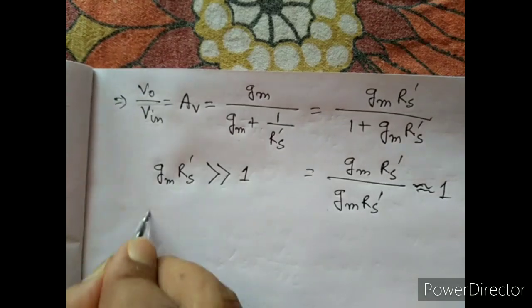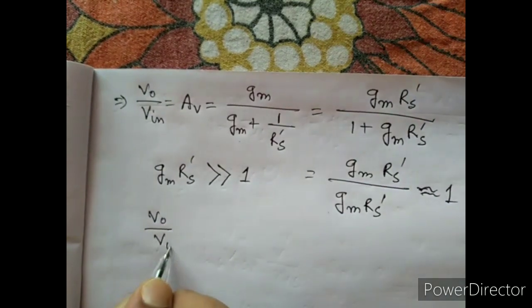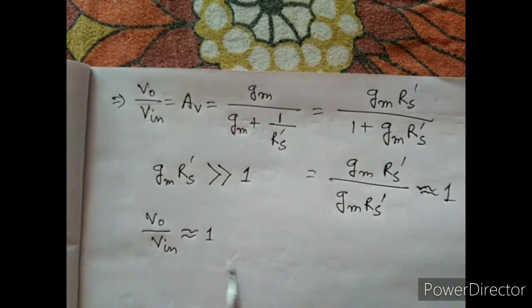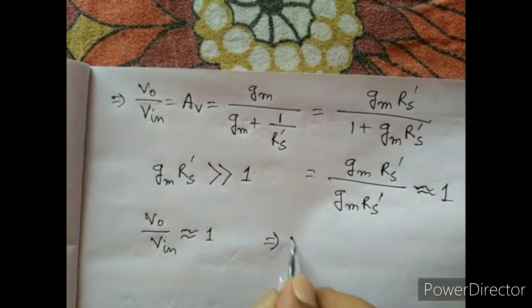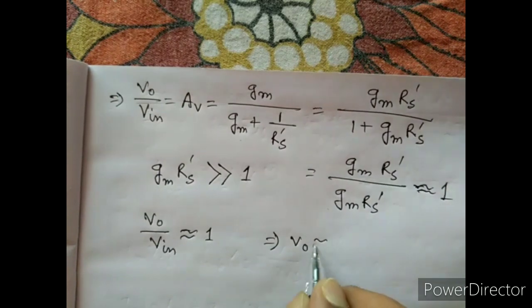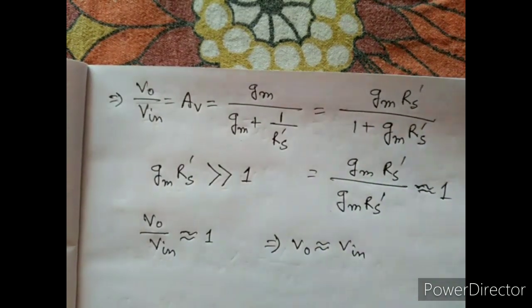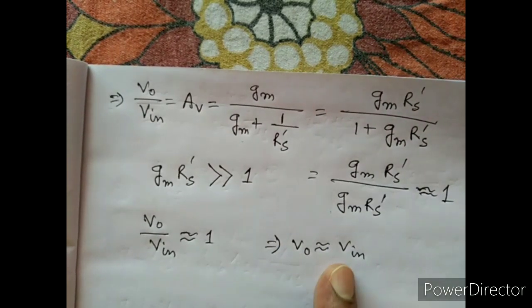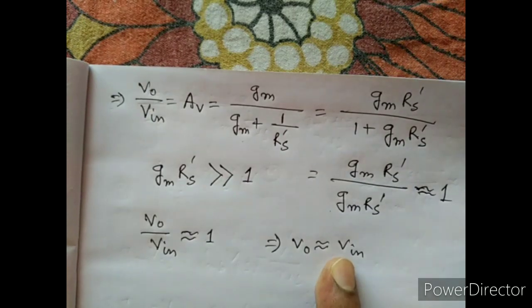So V0 by Vin is equivalent to 1, that means output voltage is equivalent to input voltage. As the output voltage is actually following the input voltage, this common drain amplifier is also called source follower.